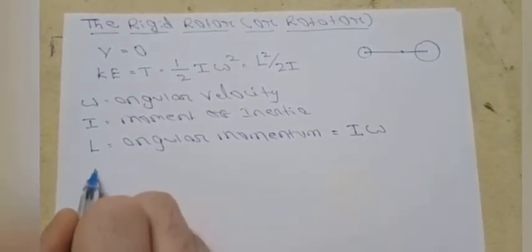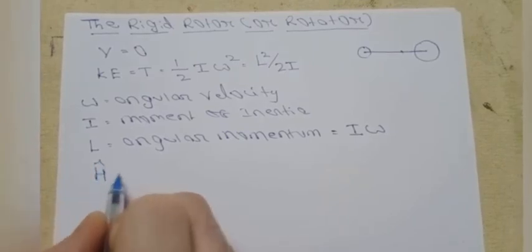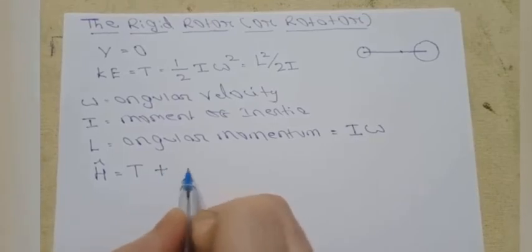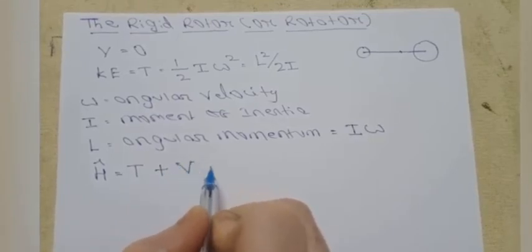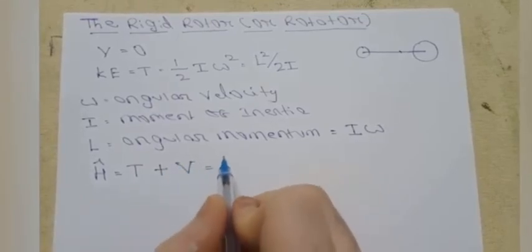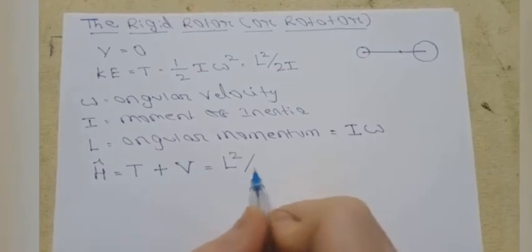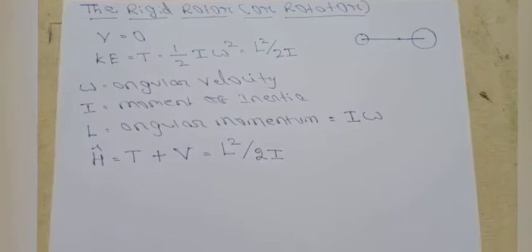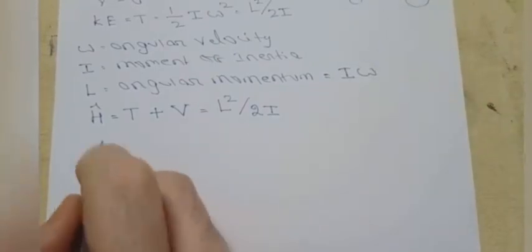So therefore the Hamiltonian, which is kinetic energy plus potential energy, can be written as L square divided by 2I. Now this is spherical, so we will be using spherical polar coordinates.